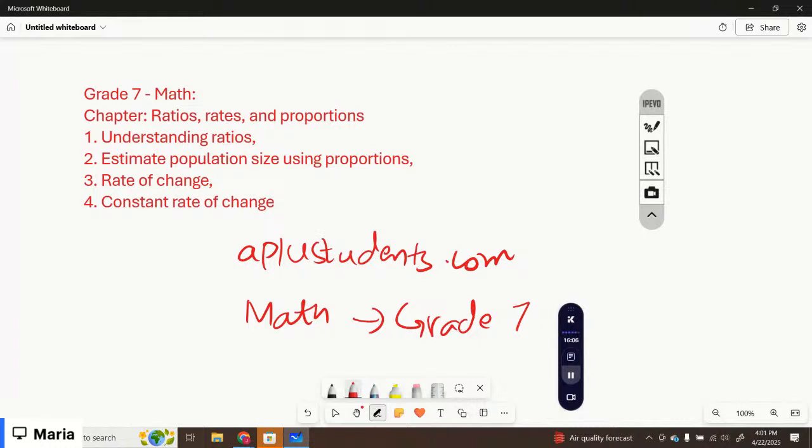We're going to start with the chapter ratios, rates, and proportions. The lessons we're going to cover today are understanding ratios, estimate population size using proportions, rate of change, constant rate of change.